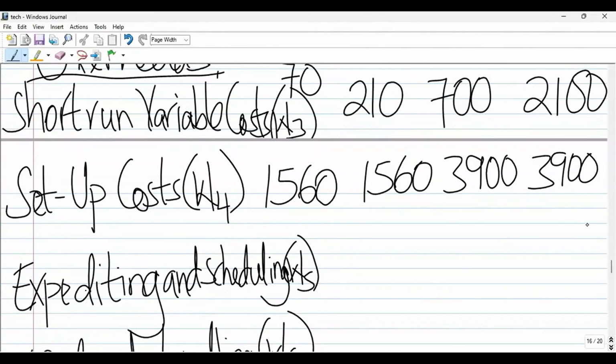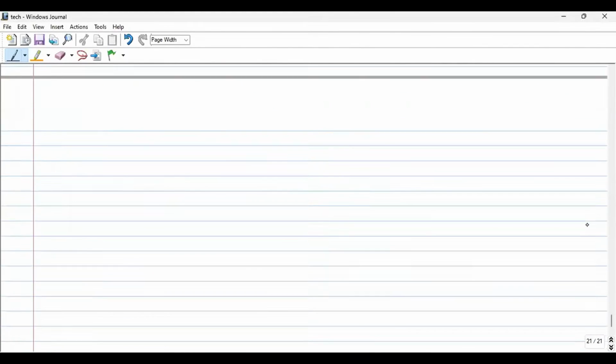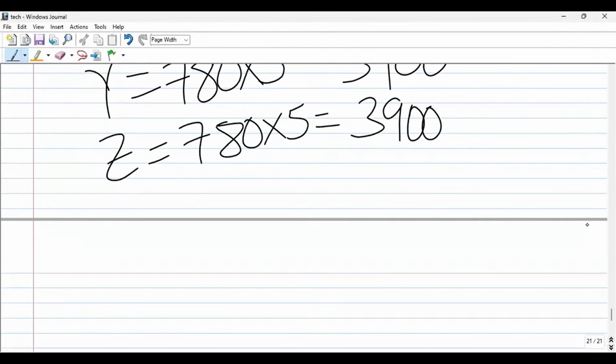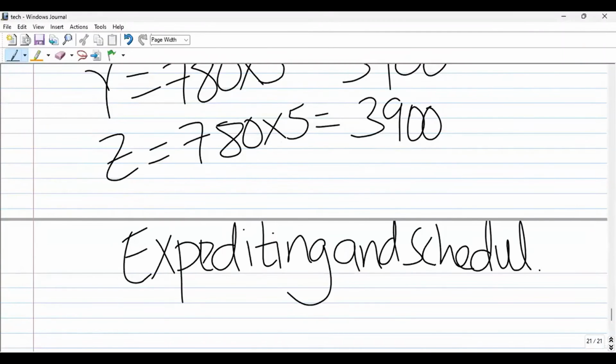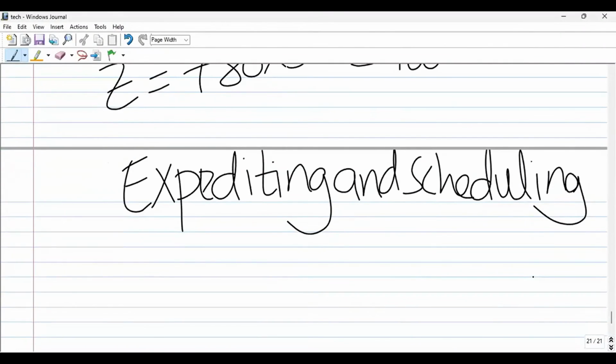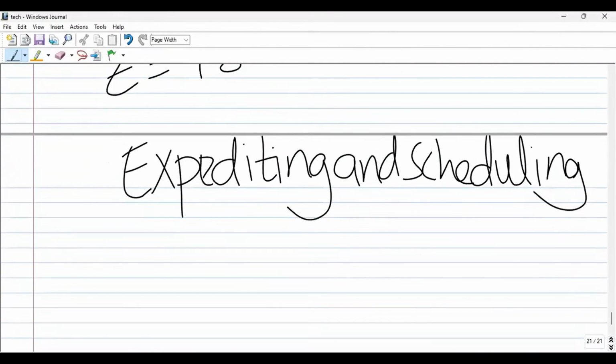Expediting and scheduling. So, cost driver.